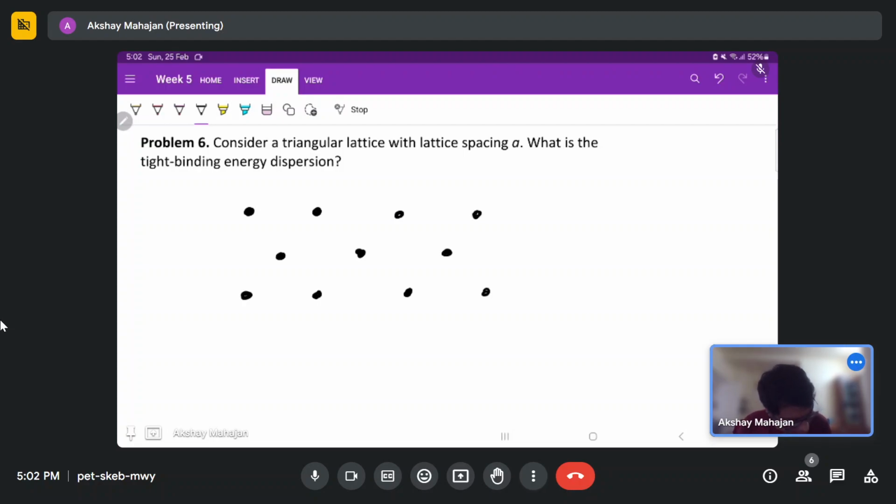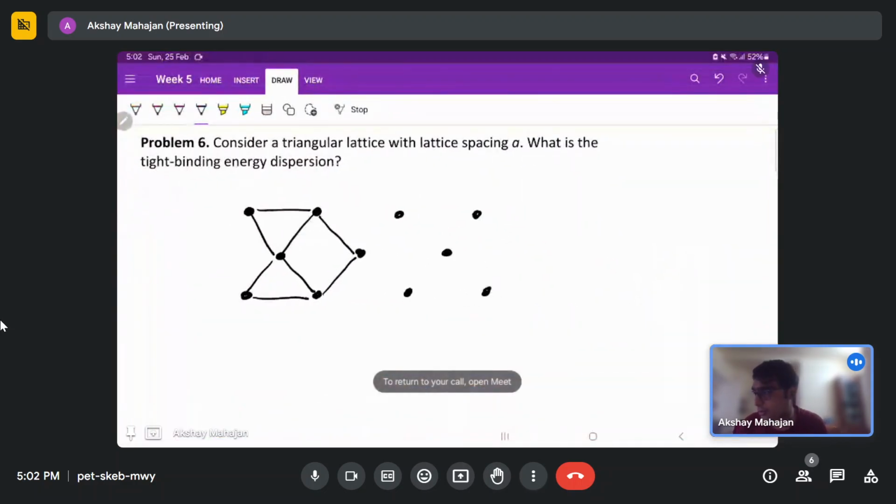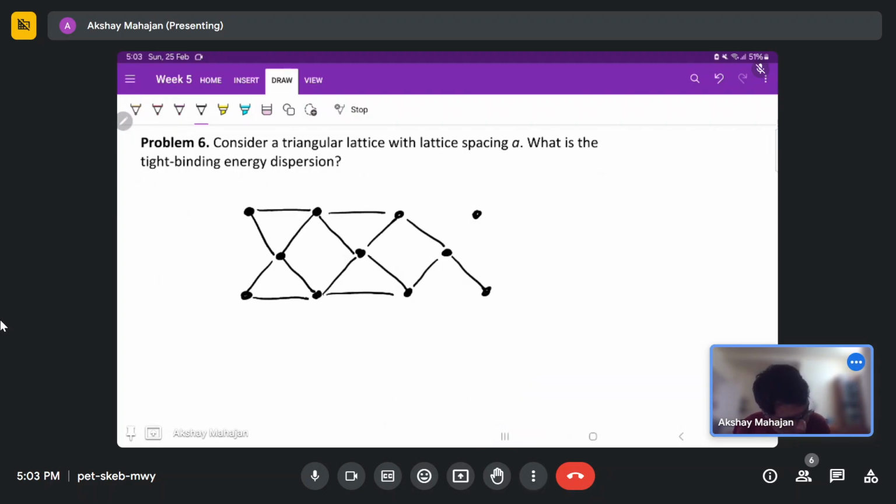Let me join these lattice points, just joining the nearest neighbors. You can see this is a hexagon, and the lattice spacing is A, so the distance between each of the lattice points is A.